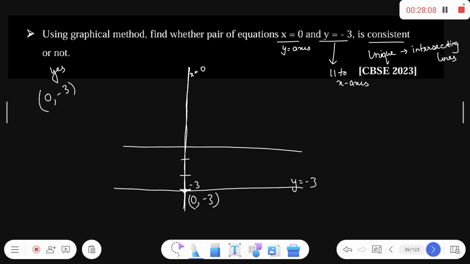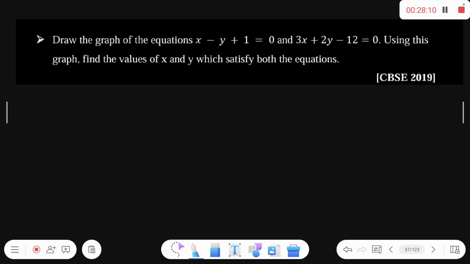Next question. Draw the graph for the equations x minus y plus 1 equal to 0 and 3x plus 2y minus 12 equal to 0. Using the graph, find the values of x, y which satisfy both equations. Basically, you have to find the solution of the two.